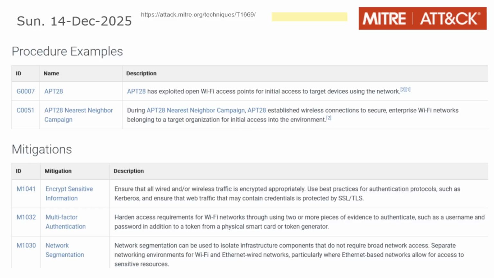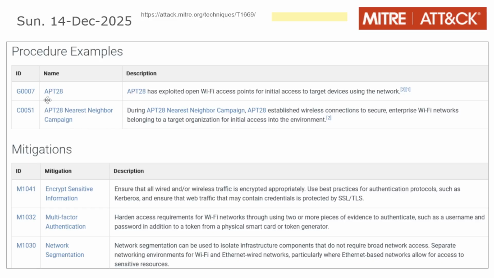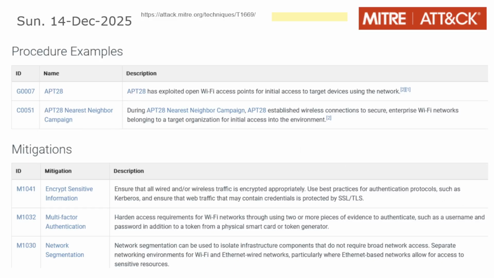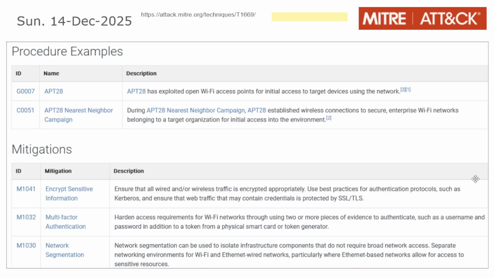So it has been used during campaigns. There are many more examples, you can be sure, because wireless is a common attack vector. It's not just this one example, but one of many possibilities.